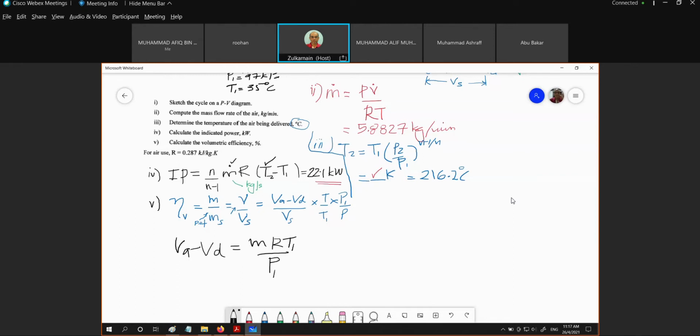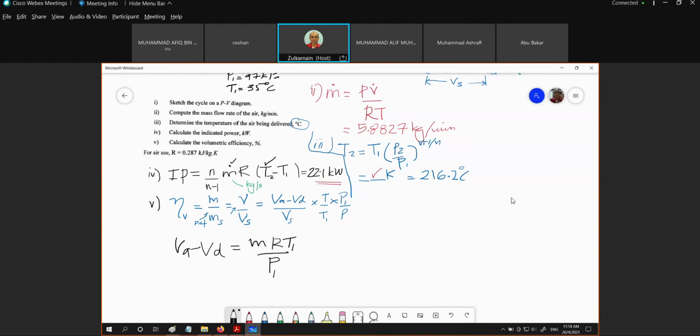But here, we need to get this m dot in terms of per unit cycle. What we have right here is m dot, meaning that in this question there is no RPM given in order to convert per unit time to per cycle.